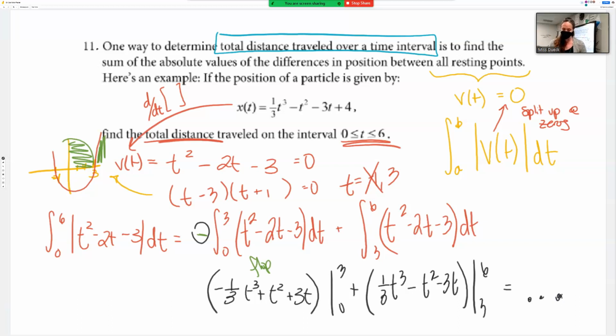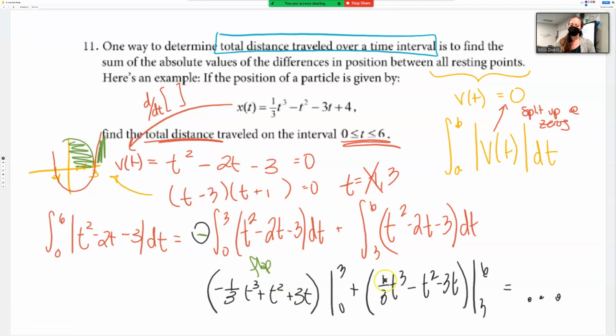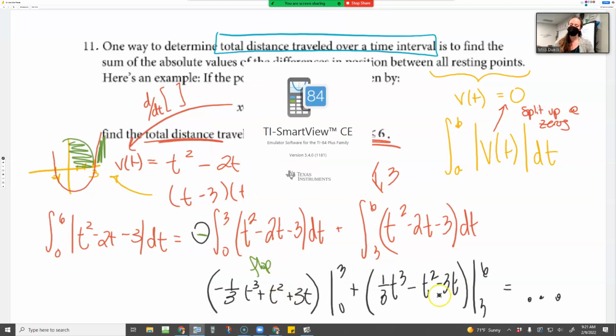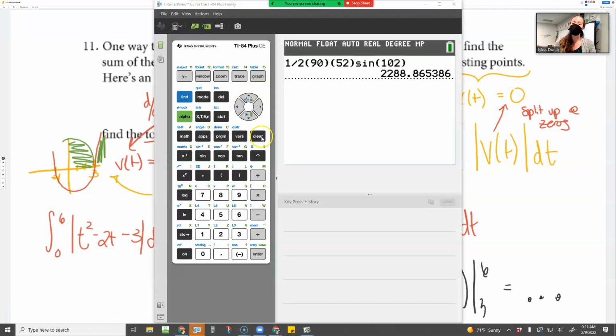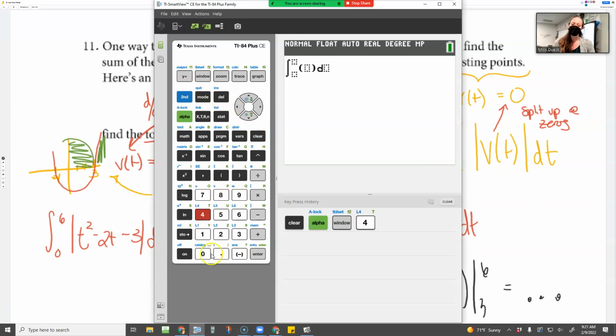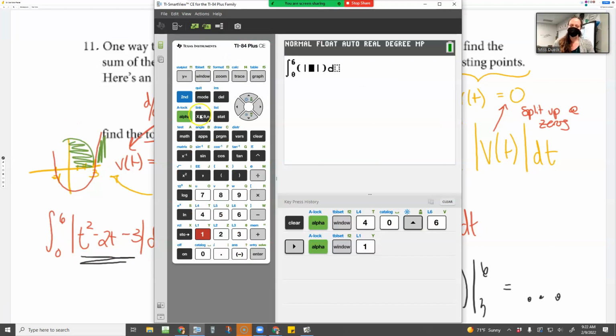Once again, if you're allowed to use your calculator, life is nice. Because all this messy work of splitting it up and figuring out the changes in position with f of b minus f of a, if I'm allowed to use my calculator, I will get all of that done as long as I know how to take an integral, putting in an absolute value of whatever velocity function I have.